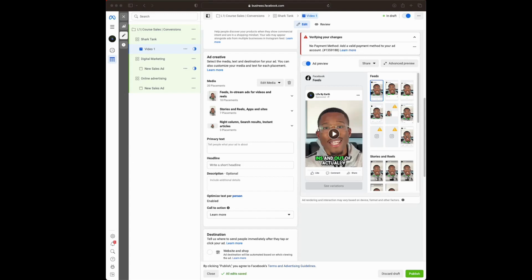The third step of the formula is now going to be the content of the actual ad itself. I recommend in your ads that you either educate, entertain, inspire, or motivate. For us, we typically like to stick to the education route because we've gotten very good results when we're actually teaching people things inside of our ad.